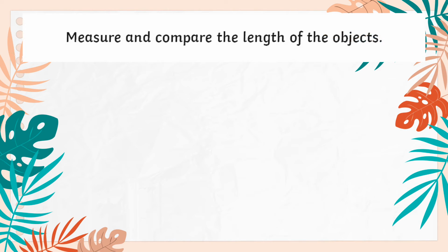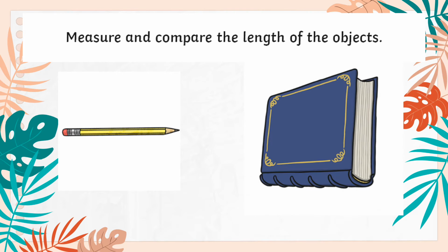Let's see which objects we have now to compare the length. We have a pencil, and what are we comparing the length of the pencil with? We are going to compare it with the length of a book. Which one do you think will be longer? Let's see. We are going to use interlocking cubes for each of the objects.